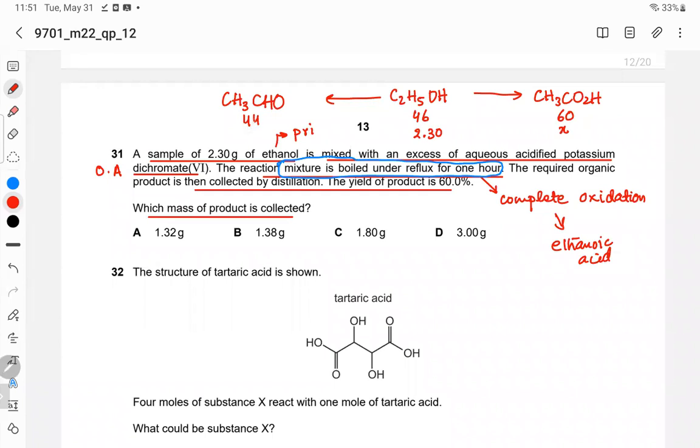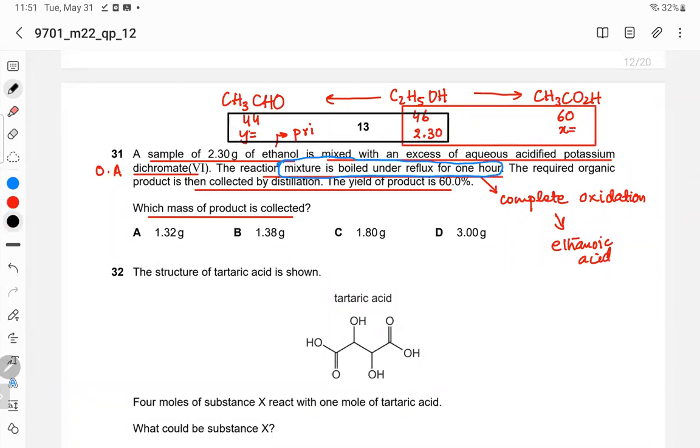And let's assume the mass of aldehyde produced over here is Y. Can anybody tell me the value of X and Y if you relate this? Then what will be the value of X? And if you relate these two, then what will be the value of Y?